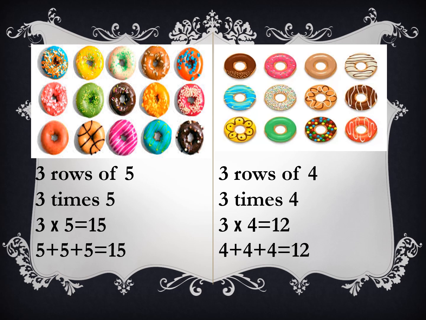Excellent, we have 3 rows of 4 in each, or 3 times 4, or 3 multiplied by 4. Write 3 times 4 plus 4 plus 4, then add. Can you say the sum? Amazing! The sum is 12, so 3 multiplied 4 equals 12.